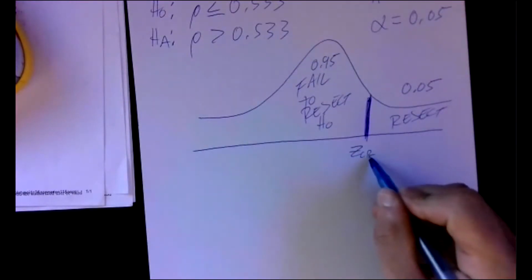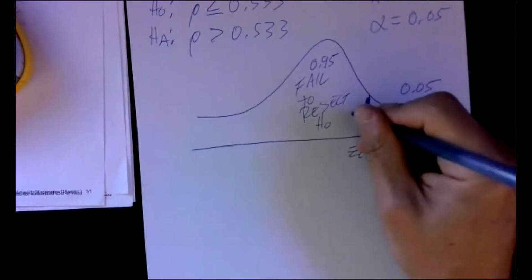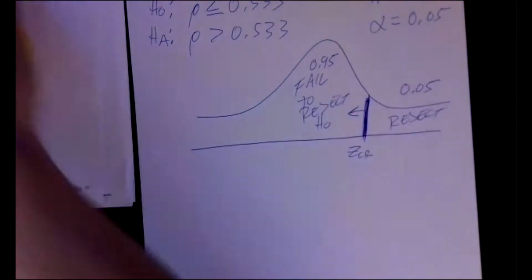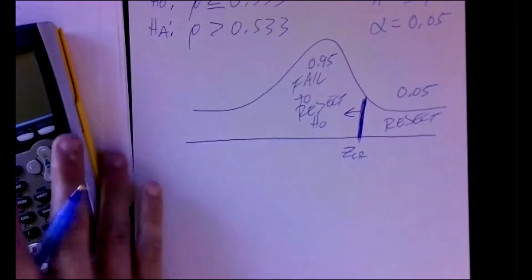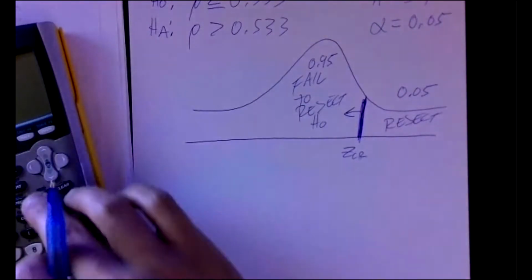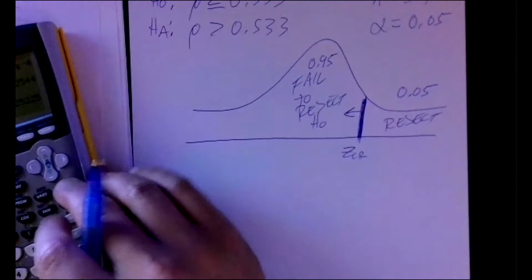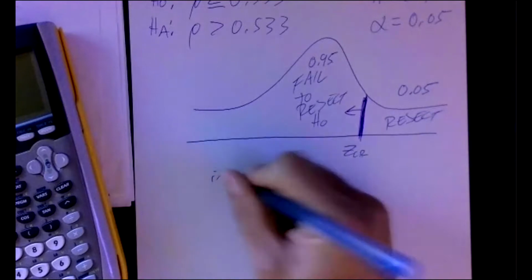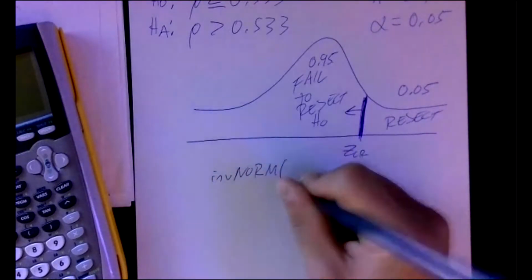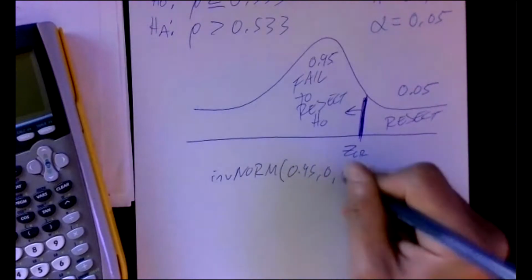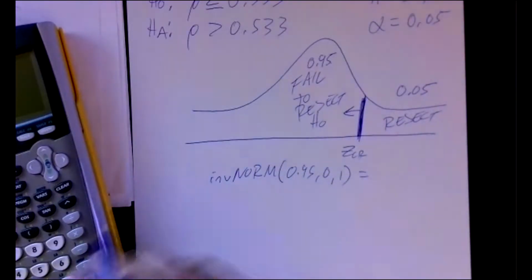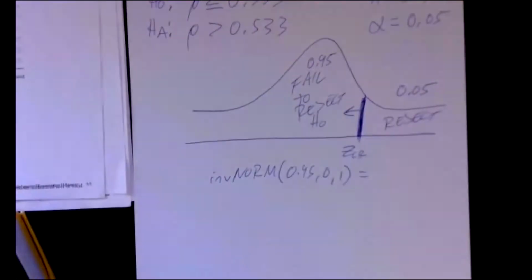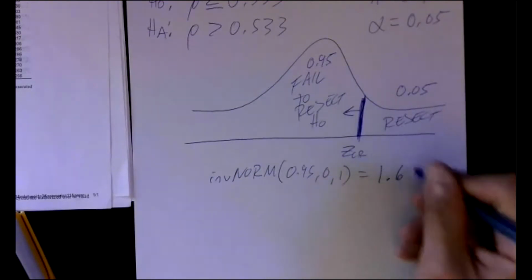So if I want to find this value, we need the area to the left, which is 0.95, and we can use the inverse norm function in the calculator. Inverse norm, let me write this out. Area to the left is 0.95, comma 0, comma 1. 1.645.